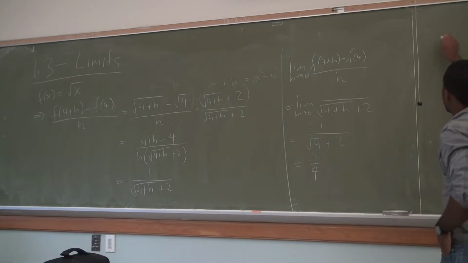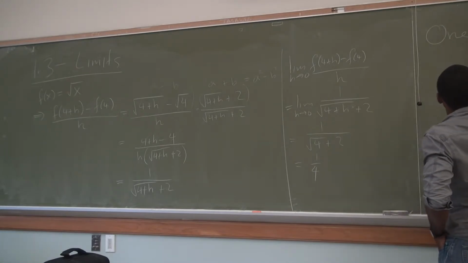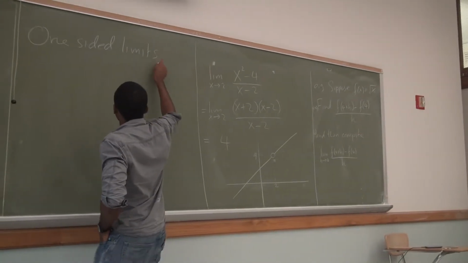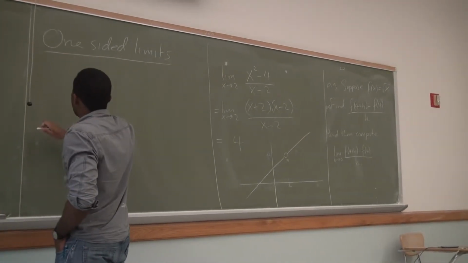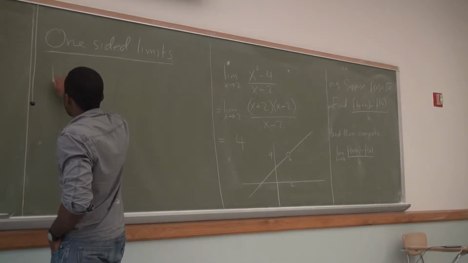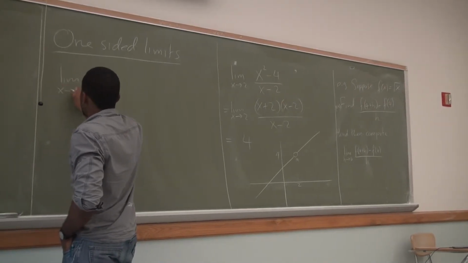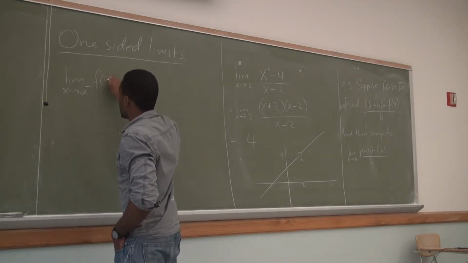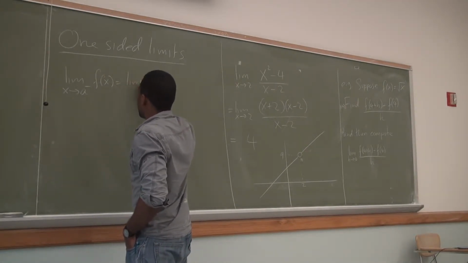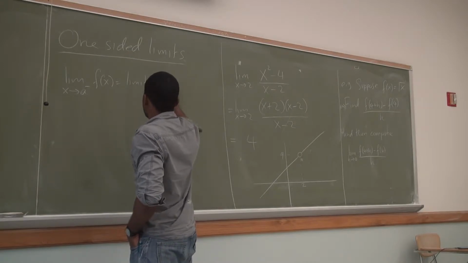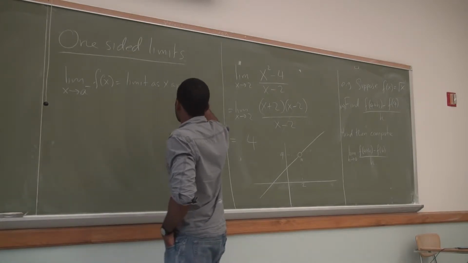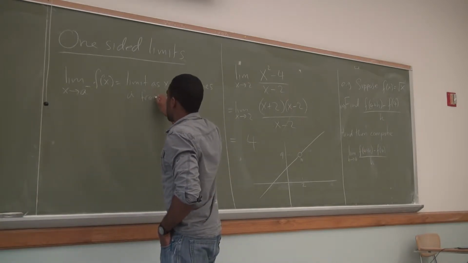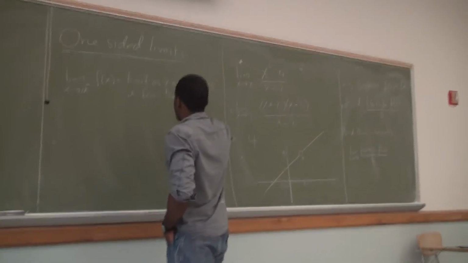There is also the notion of one-sided limits. We're going to come back to this in a bit as well. If I say limit as x approaches a, and I put a little minus sign here, of f of x, this is called the limit as x approaches a from the left.